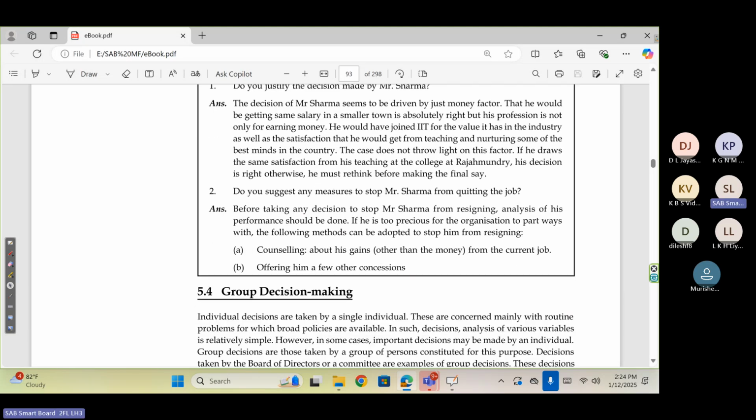Second one, do you suggest any measures to stop Mr. Sharma from leaving? Now I think it is too late, but senior managers should have introduced that before. But anyhow, before taking such a decision to stop Mr. Sharma from resigning, we have to analyze his performance in many aspects.